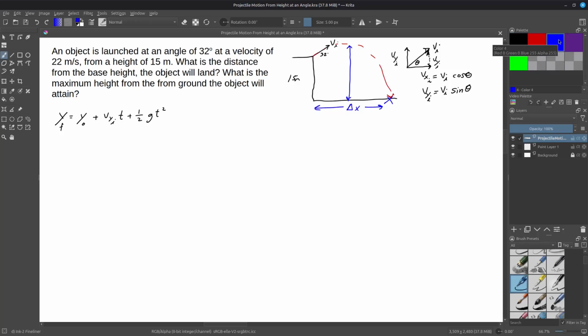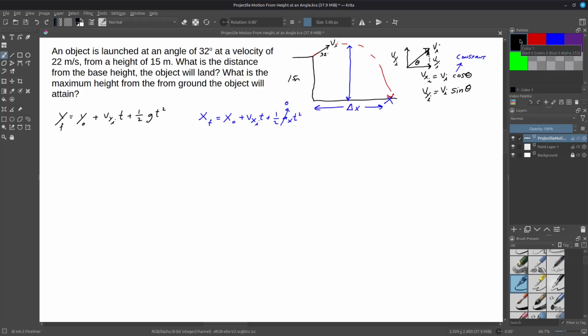But for the x direction, we're going to have x final equals x initial plus Vx initial times t plus 1/2 ax, acceleration in the x direction, t squared. But there is no acceleration in the x direction because Vx is a constant velocity. There is no acceleration. So the initial velocity and the final velocity in the x direction will be the same. So that changes a couple of things.